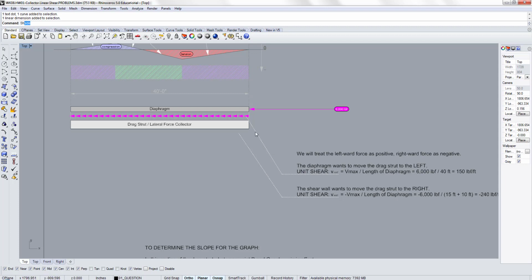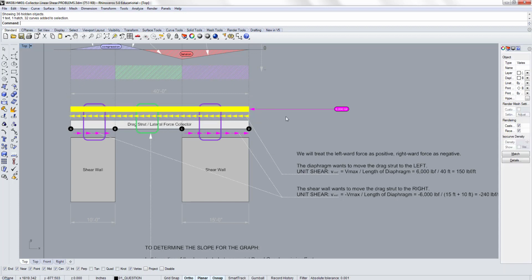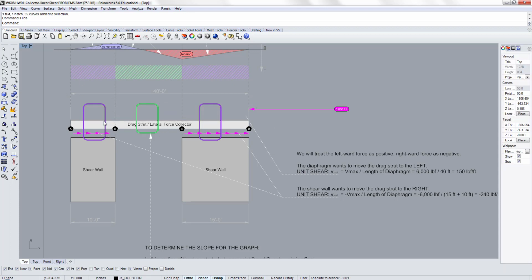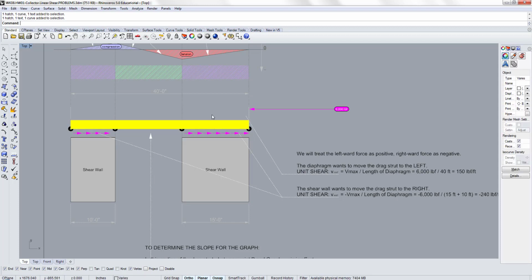Now, if we forget that part and just look at what's in between the drag strut and the shear wall. The diaphragm was trying to move the beam this way, but at the end of the day, it's not really moving because the shear wall is pushing back in the other direction, right? So it's really these guys doing the job of resisting that lateral force.